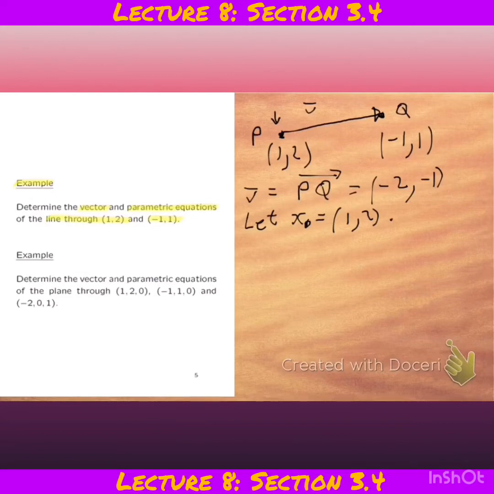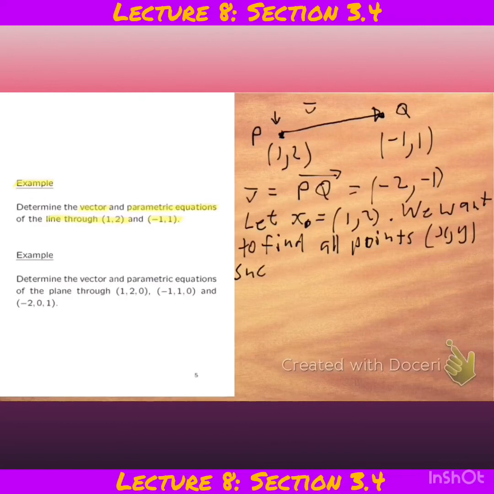And we want to find all points x, y such that x, because we're looking for the vector equation, is equal to x0 plus a scalar multiple of the vector v.